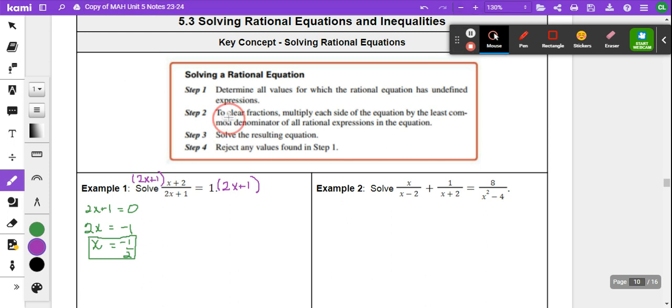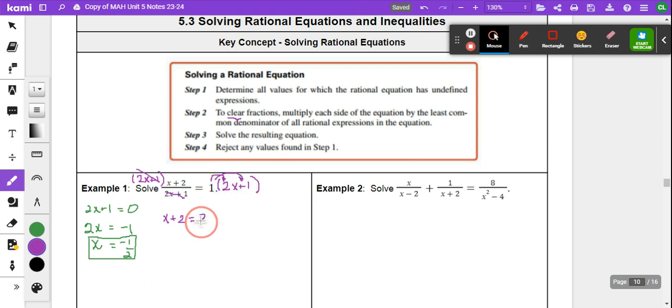Well, we want to clear the fraction. We really want to get rid of it. So this 2x plus 1 and this 2x plus 1 right there, they cancel. And so it's a 1, but you don't really need it. And all you're left with is x plus 2 on this side. Nothing was needing to cancel here. And if I distribute that 1, it's not going to change anything.